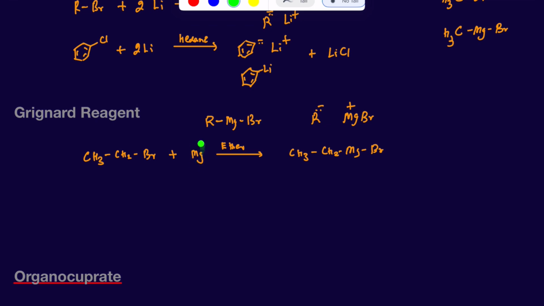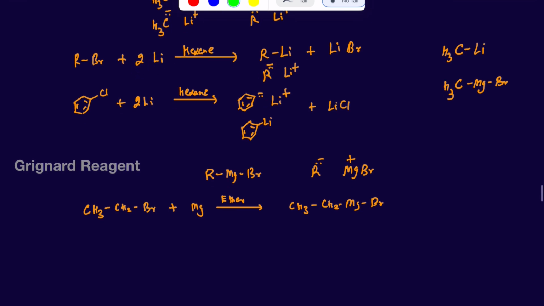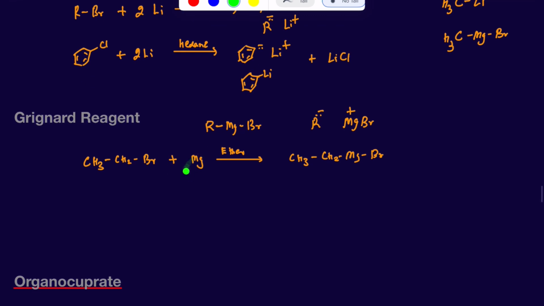Remember, the magnesium can give two electrons as opposed to lithium, which was only giving one electron. So that's why we have to use 2 moles of lithium to get a full lone pair of electrons on that carbon, basically. But here, technically speaking, magnesium can give 2 pairs of electrons. And the ether actually helps to make that pair. In this case, you remember the ether is going to look something like this.